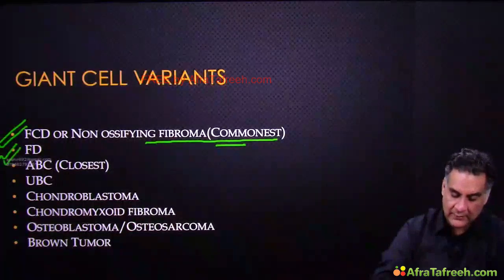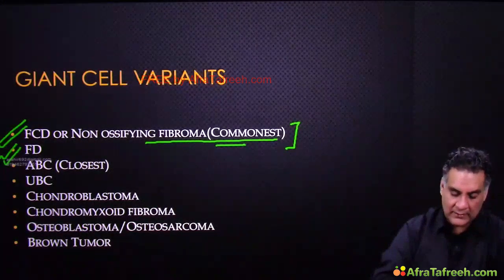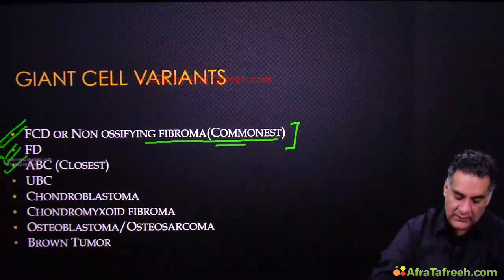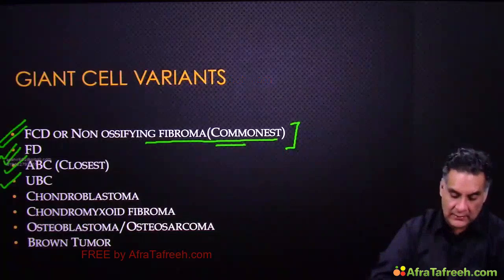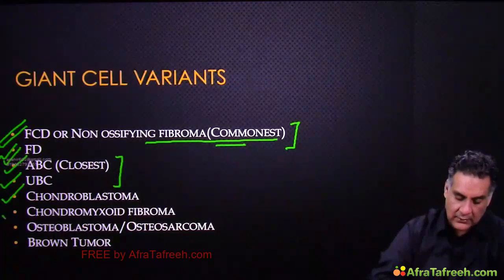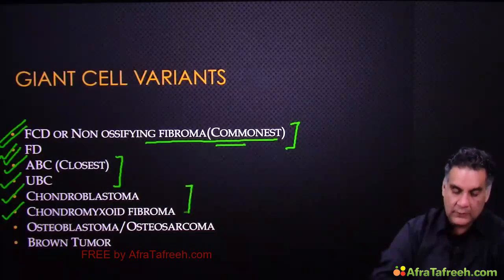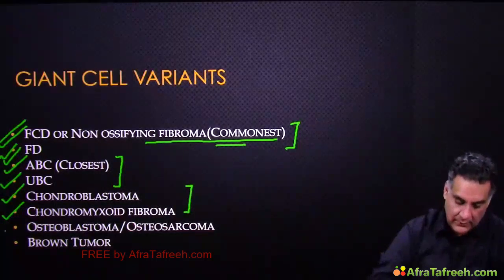Fibrous dysplasia, these are two fibrous lesions. Aneurysmal bone cyst, unicameral bone cyst, these are two cystic lesions. Chondroblastoma, chondromyxoid fibroma, two cartilaginous lesions.